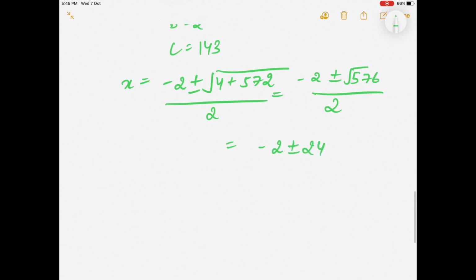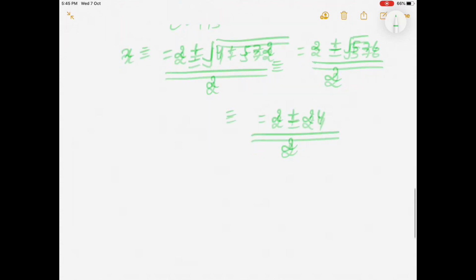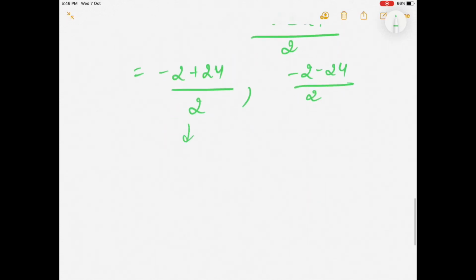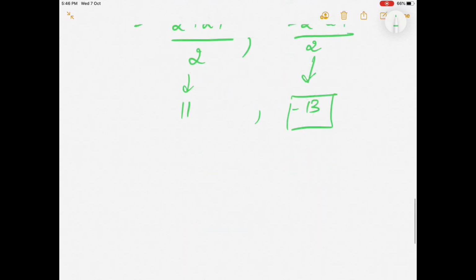On solving this, minus 2 plus 24 by 2 will be one root, and minus 2 minus 24 by 2 will be the second root. So from here we get 11, and from here we get minus 13. We need positive integers, so minus 13 cannot be the answer; it will be positive 13.